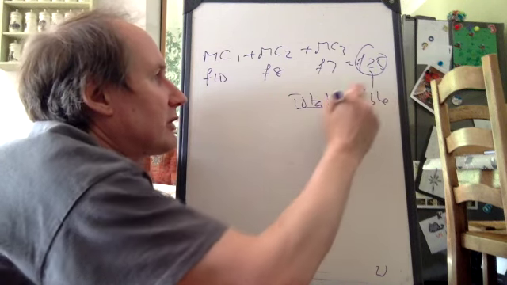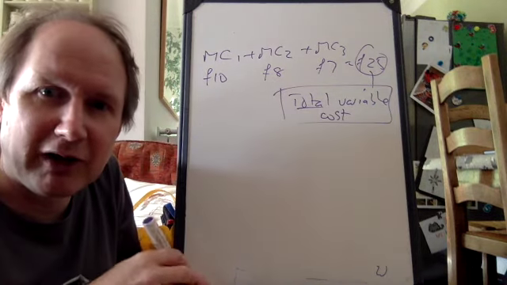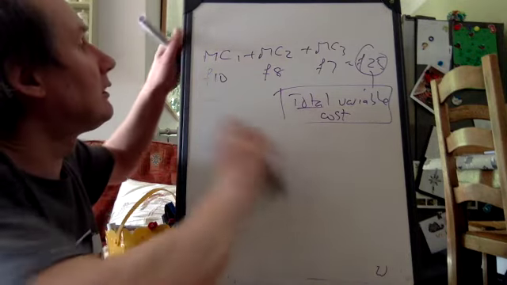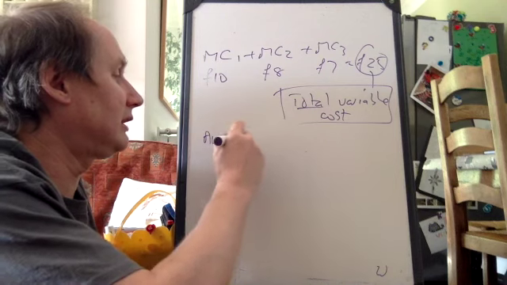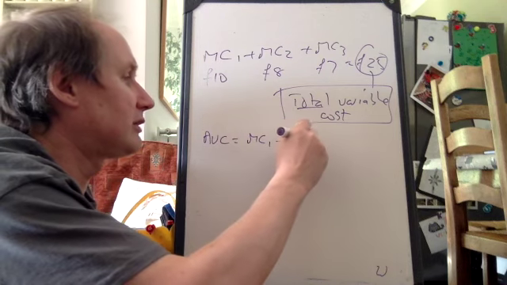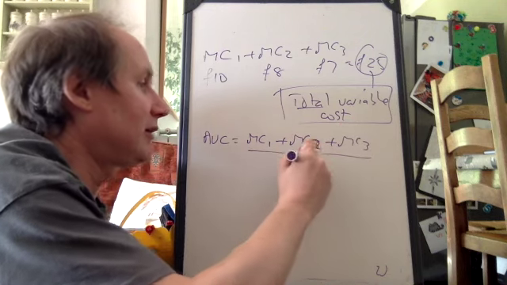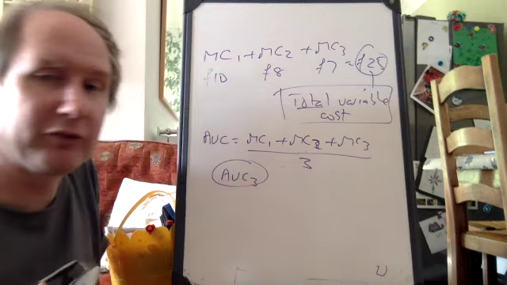It should be called total marginal cost, but it isn't. Marginal costs are a type of variable cost because they show the extra cost of each unit. So to find average variable cost, we take the marginal cost of the first unit plus the second plus the third, and divide by 3 units. That gives me the average variable cost of 3 units.